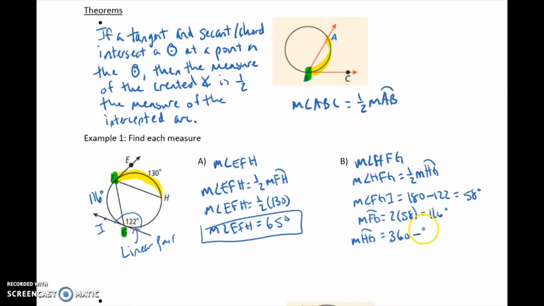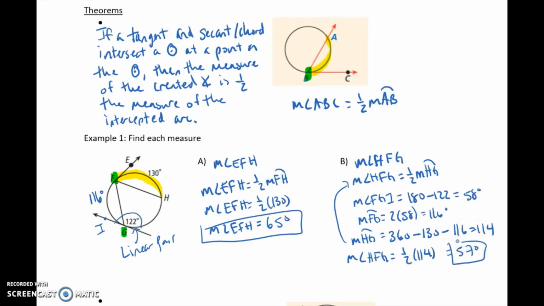I'm going to do 360 minus 130 minus 116. So that arc is 114 degrees, which means, coming back to that original inscribed angle theorem, the measure of angle HFG is 1/2 of 114, which is 57 degrees.